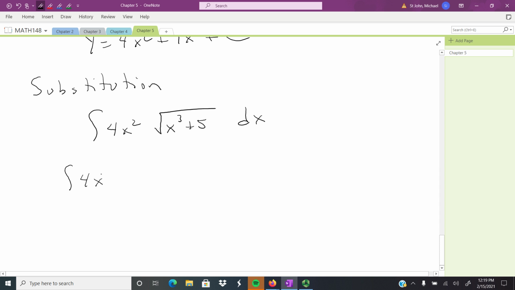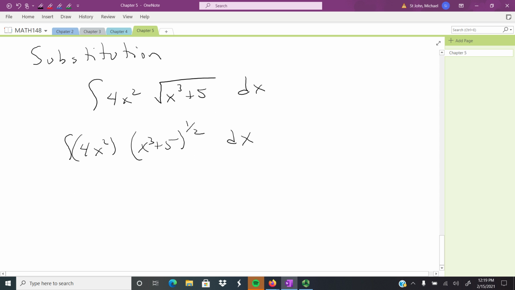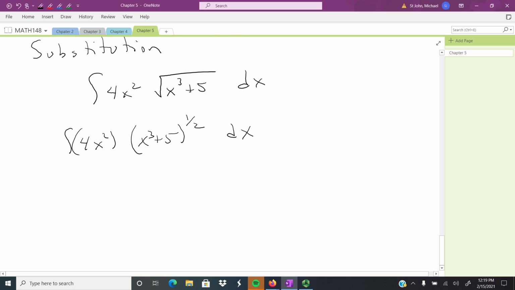So this is 4x squared times x cubed plus 5 to the 1/2. Right? So now we're going to do substitution, all right? So we're going to use u, okay? And so we're going to say that u is going to equal x cubed plus 5, right? Which means then the du would be 3x squared dx.